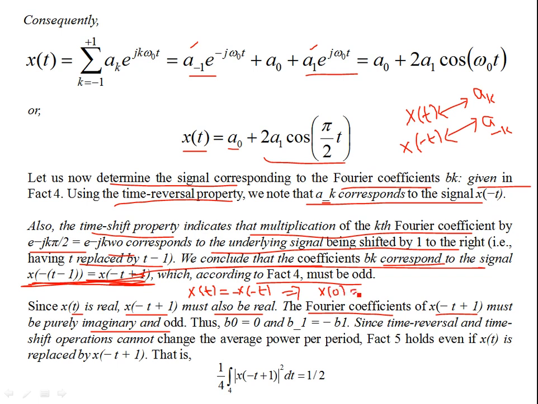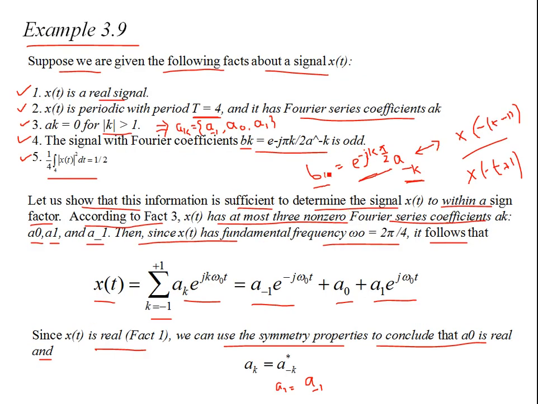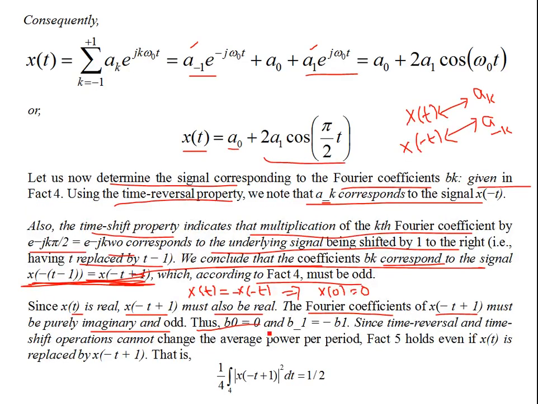You don't have a non-zero value at t equal to 0. x(0) is equal to minus x(0) simply implies that x(0) is 0. So thus b naught is 0. If these b_k coefficients are odd, then b naught is supposed to be 0. And b_{-1} is minus b_1, so they're odd.